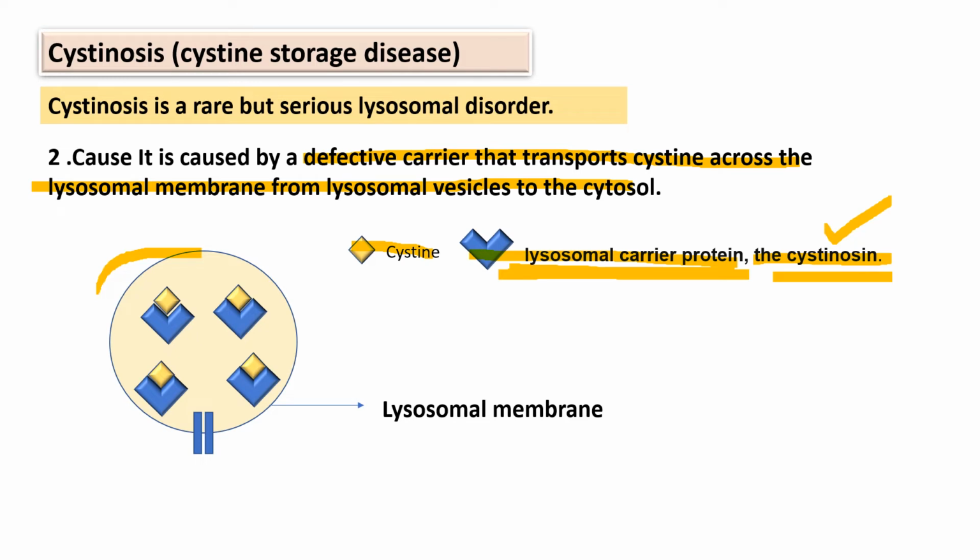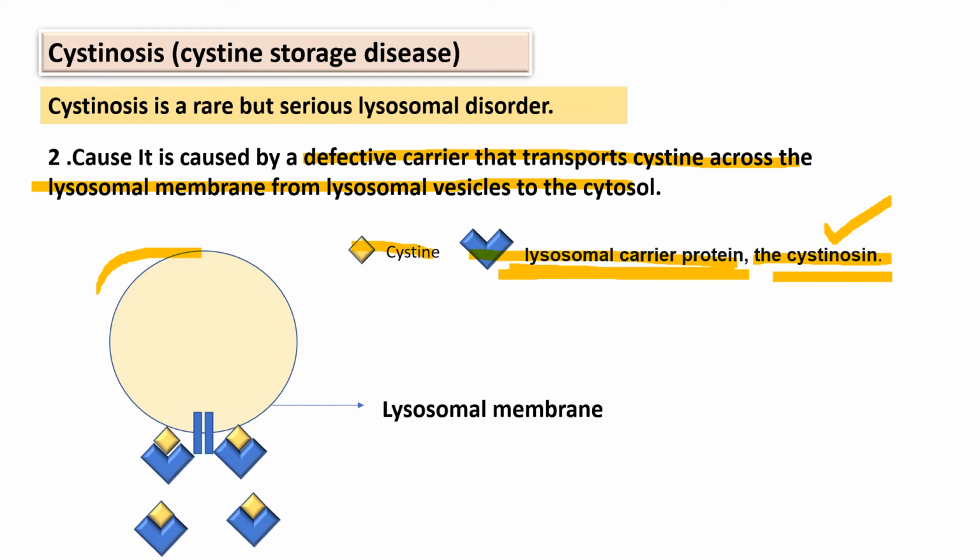Normally, cystine comes out of the lysosomal membrane with the help of the carrier transport protein, but because of the defect in this carrier protein, it will not come outside.